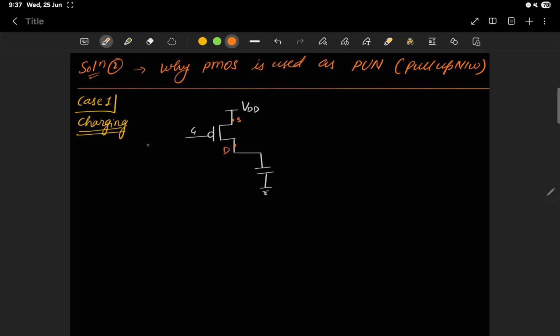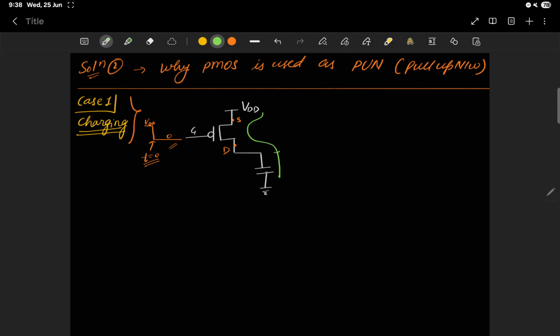Let's suppose I am applying an instantaneous voltage. For all cases my PMOS should be on, so for that I have to apply 0 volt at the gate. Let's suppose initially it was off, but now after t equals 0, my gate voltage is 0. This simply means my PMOS is on. If my PMOS is on, then current is going to flow from VDD to this capacitor.